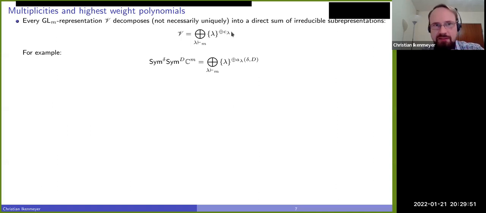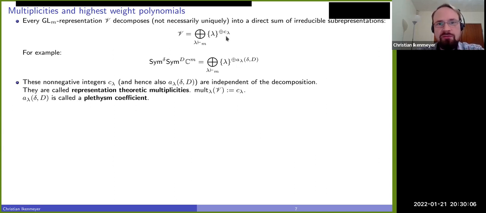Well, it sounds a bit abstract. We will see in a second how this can be expressed in a different way. In this example, you have the same thing, you just have a different name for this coefficient. Just call it a instead. And these are non-negative integers because you are just counting how many copies there are in your decomposition.